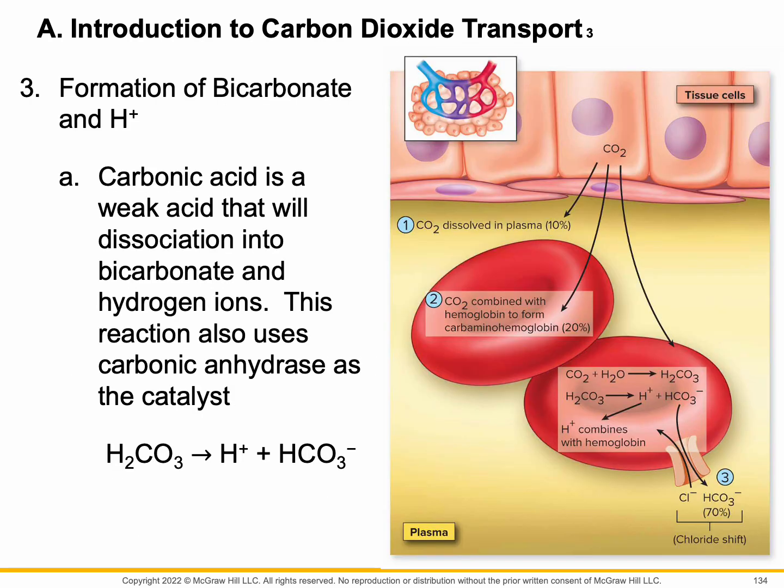Carbonic acid is a weak acid that will dissociate into bicarbonate and hydrogen ions, and this reaction also uses carbonic anhydrase as the catalyst. So the formula is carbonic acid transforms into hydrogen ions plus bicarbonate.